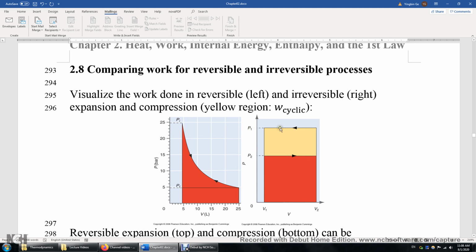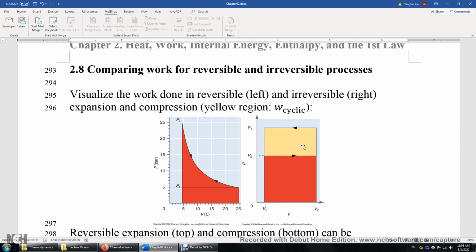The yellow area is the overall amount of work done by the surroundings to the system. Meanwhile, heat flows from the system to the surroundings. How much? Also this much. All right? And then what happens to the surrounding is this. Work is converted to heat for the surroundings.